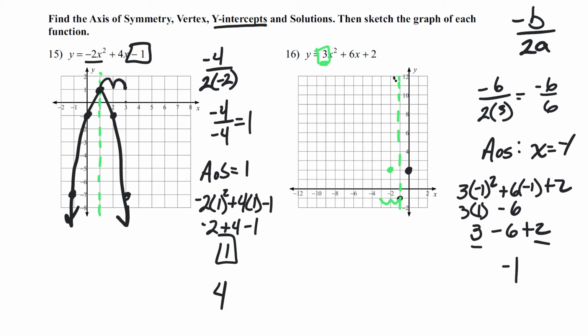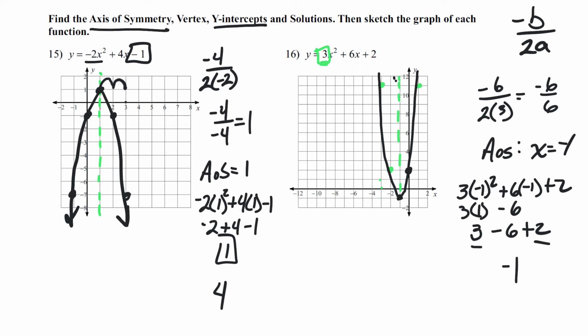So 3 times 4 is up 12 units from here. 1, 2, 3, 4, 5, 6, 7, 8, 9, 10, 11, 12. And axis of symmetry means there would be one here as well. So we have a very thin parabola that popped up here for us. Just like that.